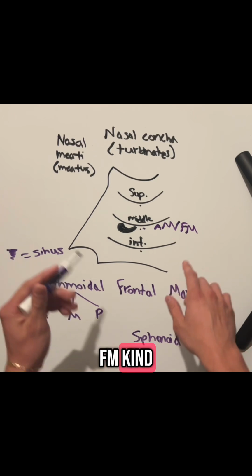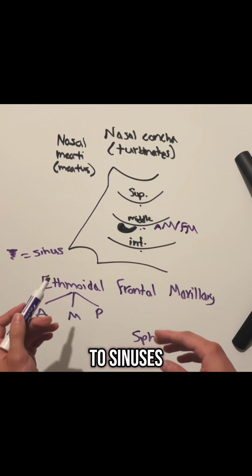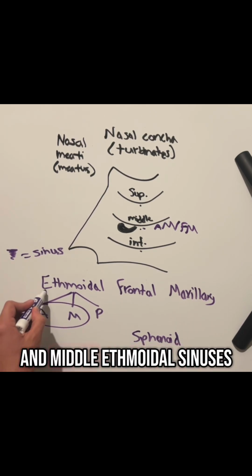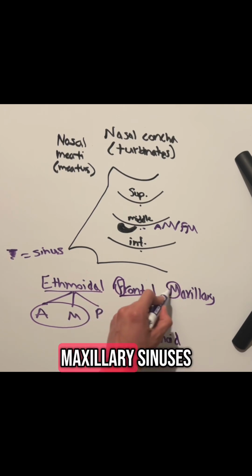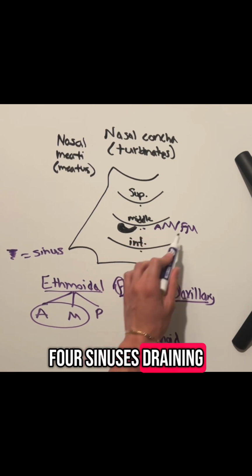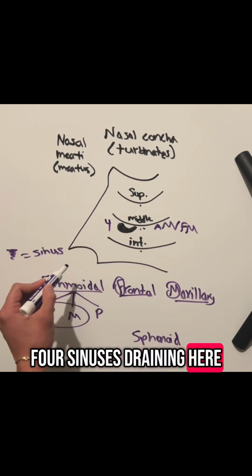AM-FM, kind of like the radio station, but in regards to sinuses, this mnemonic stands for the anterior and middle ethmoidal sinuses, as well as the frontal and maxillary sinuses. So that's 1, 2, 3, 4 sinuses draining into that middle nasal meatus.